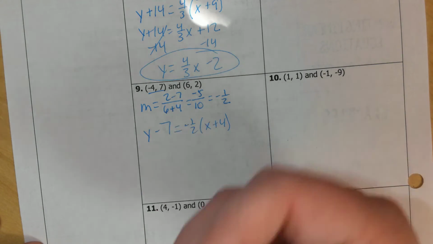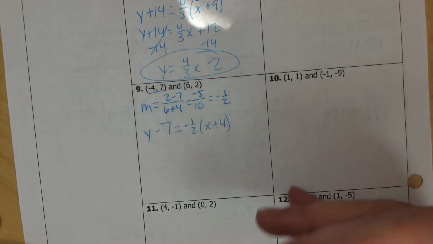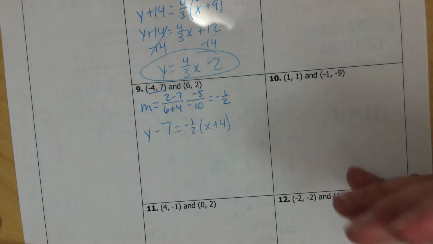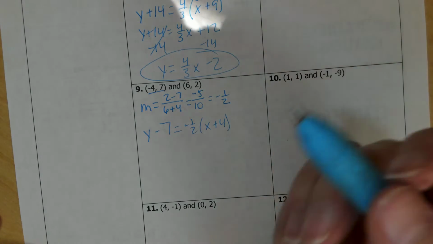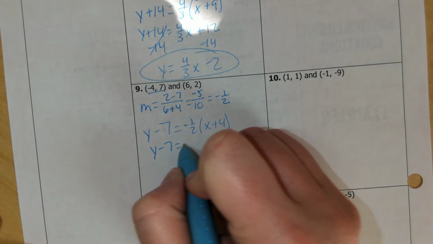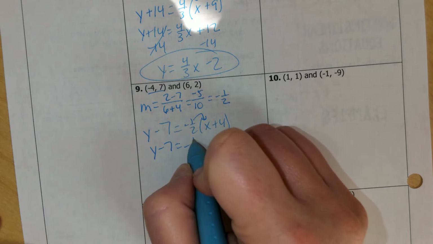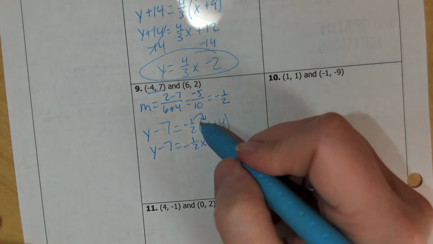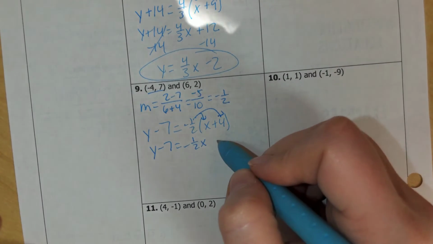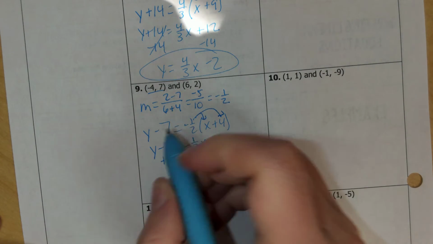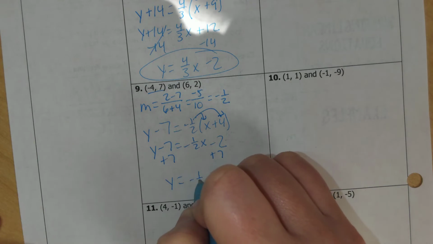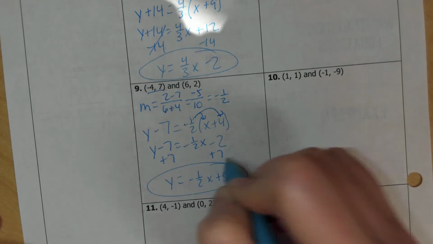I'm just trying to simplify things a little bit, to keep from having to go one more step. So here I get -1/2 multiplied by x, which is -1/2 x, and -1/2 multiplied by 4, which is -2. I'm going to add this 7 over here, and I end up with y is equal to -1/2 x plus 5.